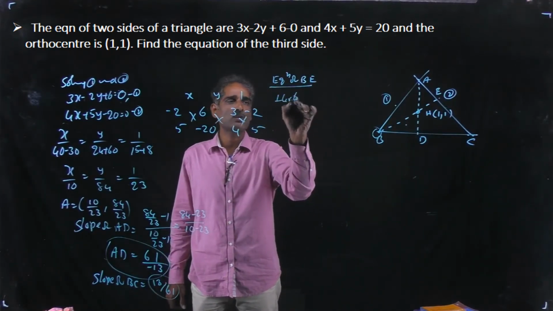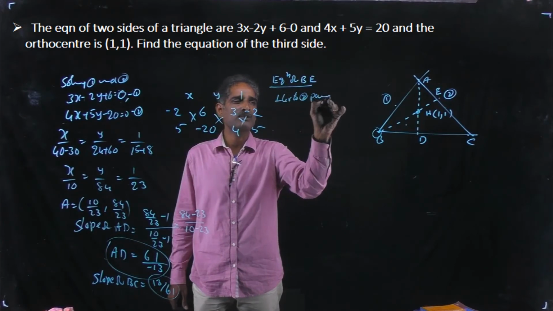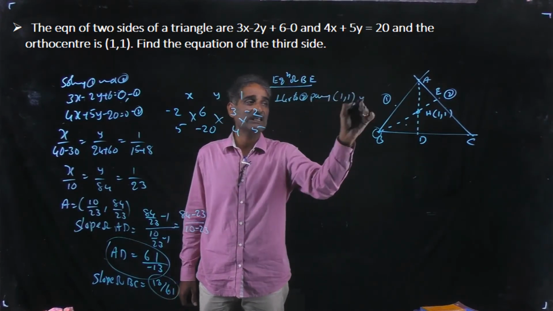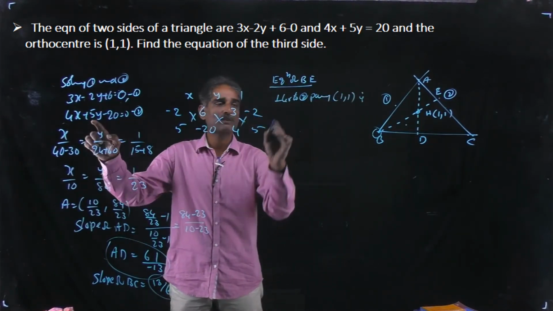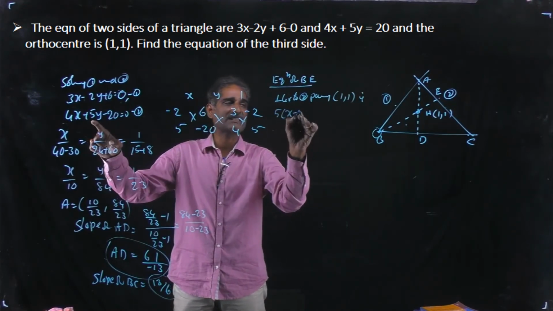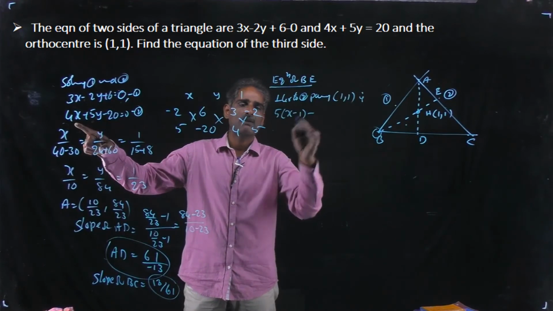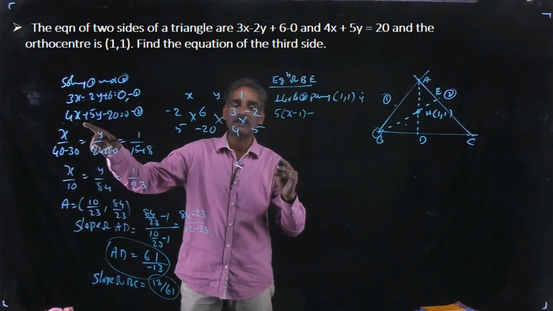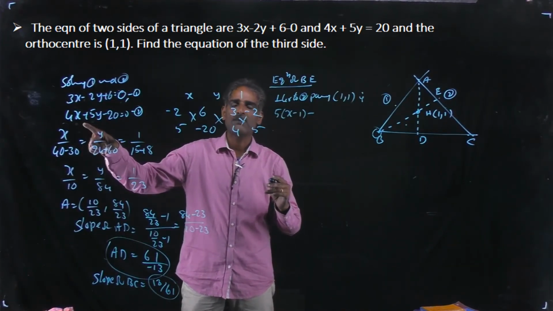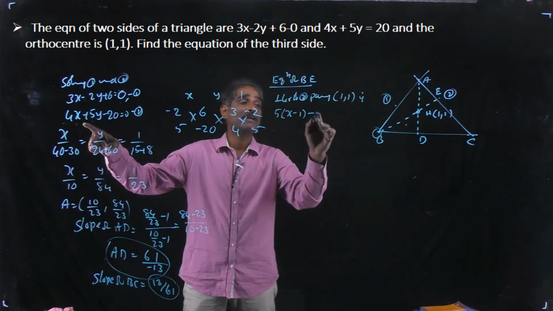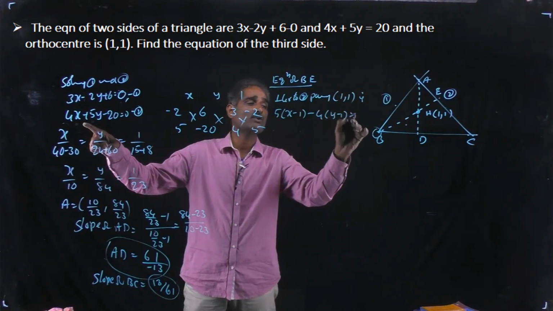The equation of this line BE is perpendicular to 2 and passing through the point (1, 1). Perpendicular means 5 into (x minus x1) minus 4 into (y minus 1) equal to 0.